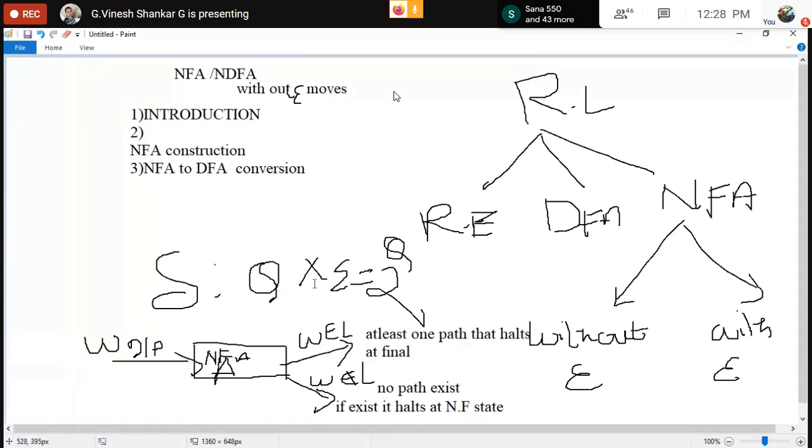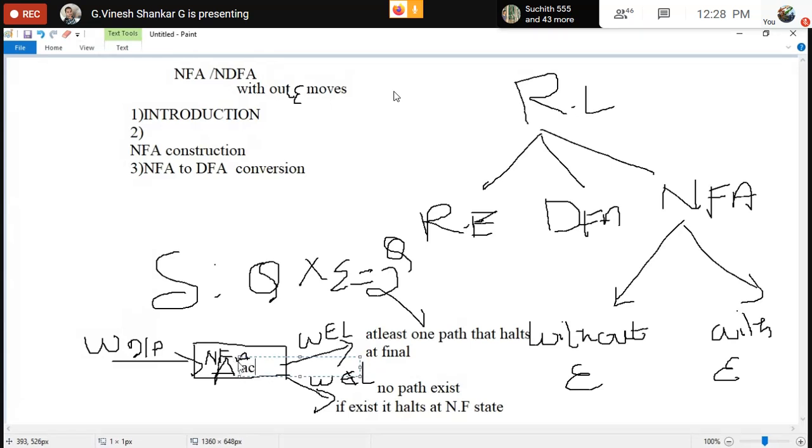So what is the difference between NFA and DFA? Definitely we'll see a separate topic on it. But the main difference is that the transition function is Q cross sigma to 2 to the power Q, whereas in DFA it was Q cross sigma to Q. See the input string I'm giving; this is an NFA acceptor.